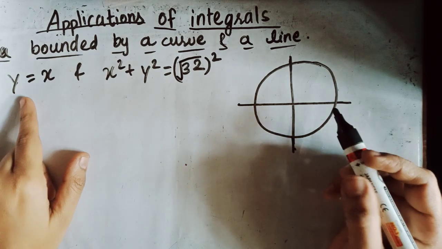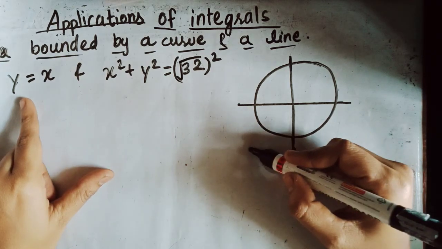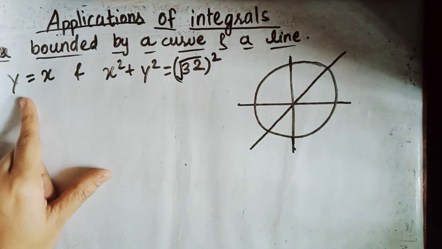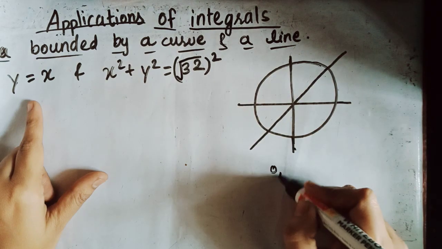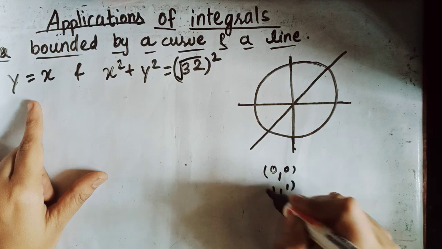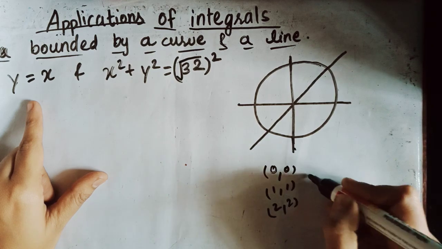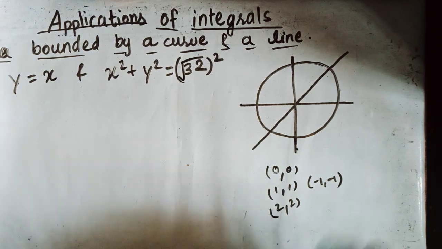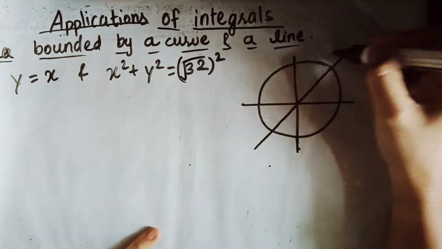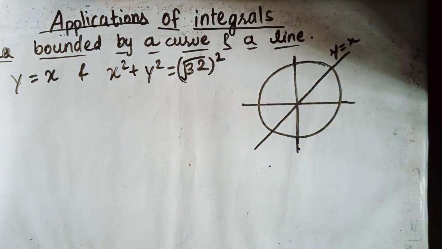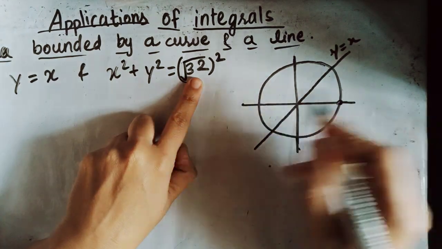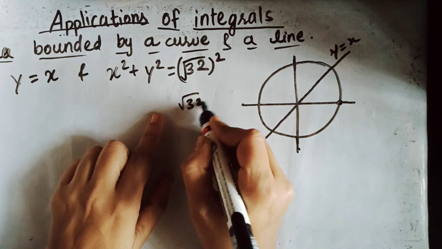Now the line y equal to x passes through the origin, that is, you will get the points 0, 0, 1, 1, 2, 2, minus 1, minus 1, and so on. So this is the line for y equal to x. And your circle radius is root 32, right?